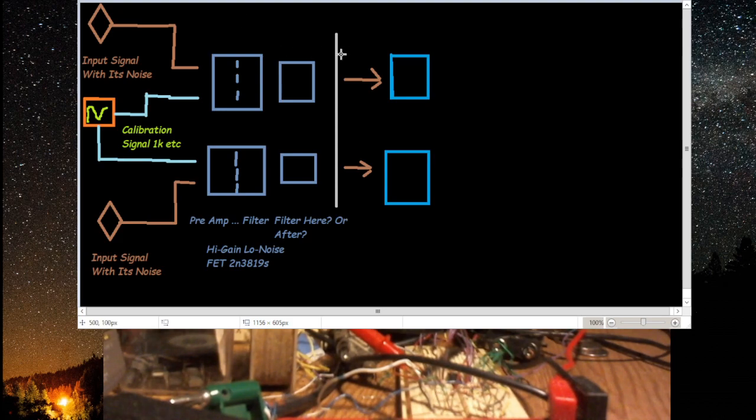Let me move this arrow up here. You know, I'm using a transistor circuit, not using the op amp for this. So that doesn't have to be there, does it? It can be in the middle. I don't know how to undo this stuff in Paint. So this actually can be in the middle.